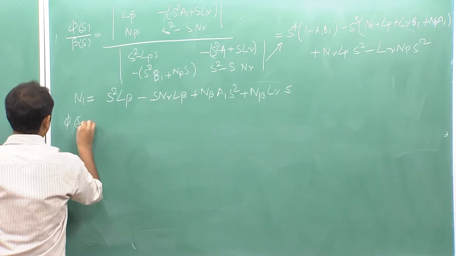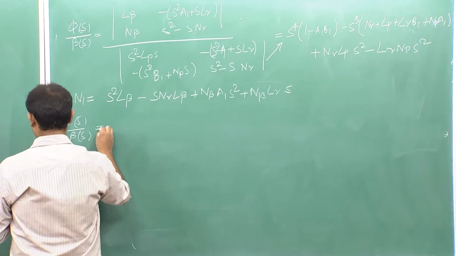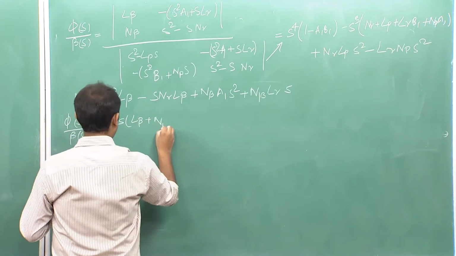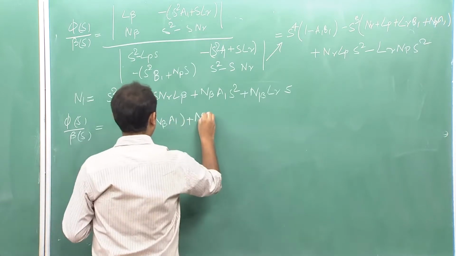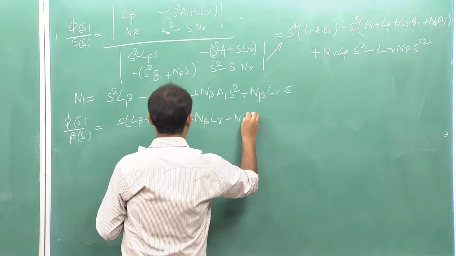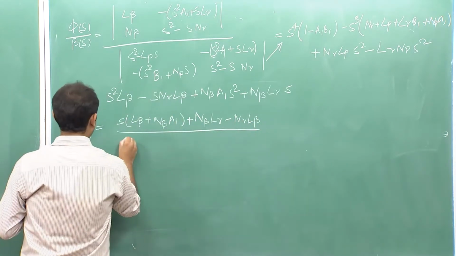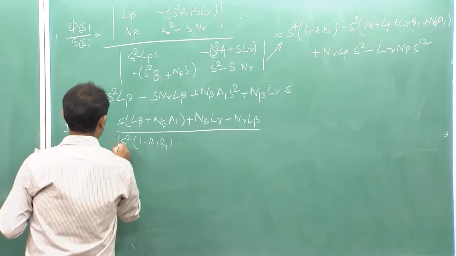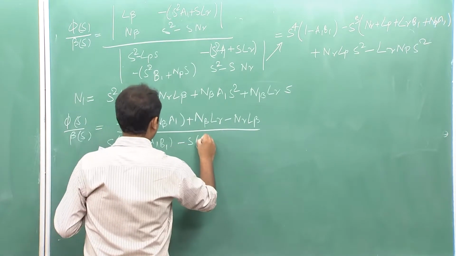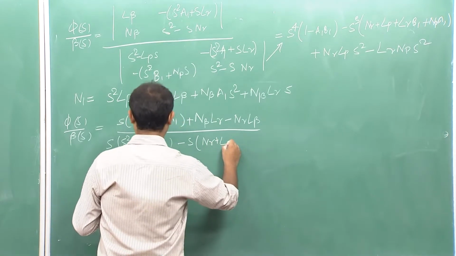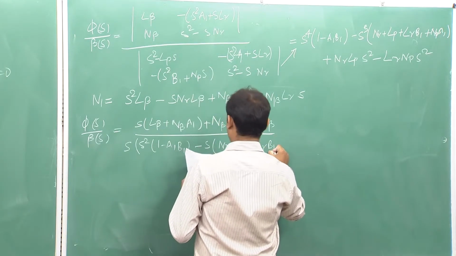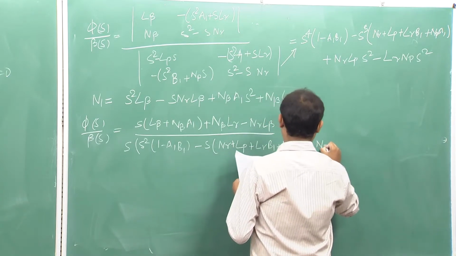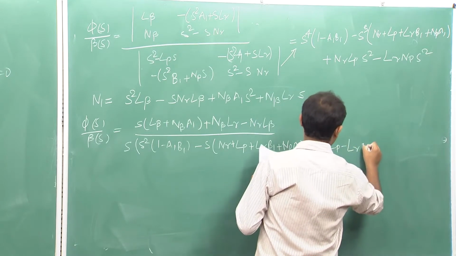So, phi of s upon beta of s will be s into (L beta plus N beta A1 plus N beta L r minus N r L beta) divided by s square (1 minus A1 B1), minus s into (N r plus L p plus L r B1 plus N p A1), plus N r L p minus L r N p.